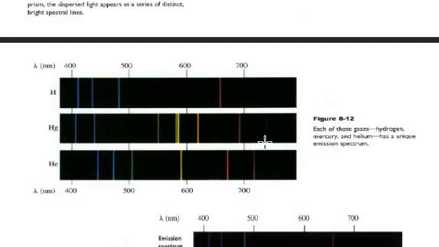Here we have another example, mercury, Hg. You can see the lines are different from hydrogen and helium. So it's always like this. Those identities do not change. That's why we can easily say which gas is which when we get light from the stars, for example.